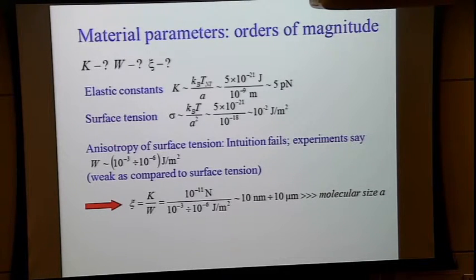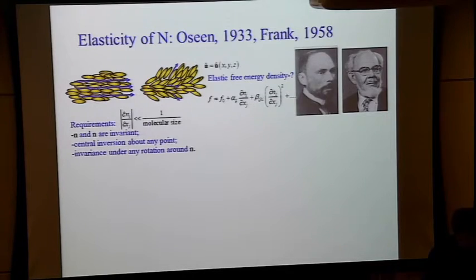And the most important part here is just to remember that it's not nearly close to the molecular scale A. So again, be careful about the intuition. Sometimes it can mislead you. But if you do the experimental measurements, then you will find solid ground.